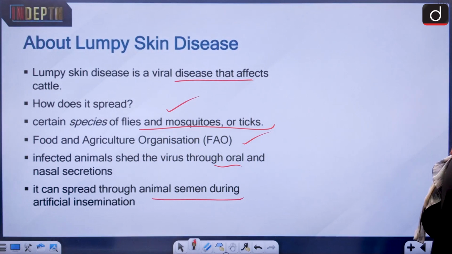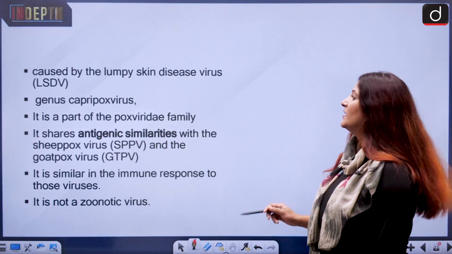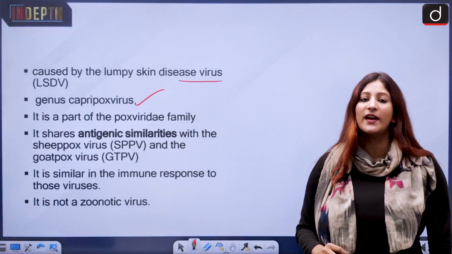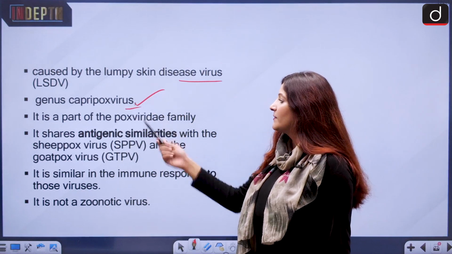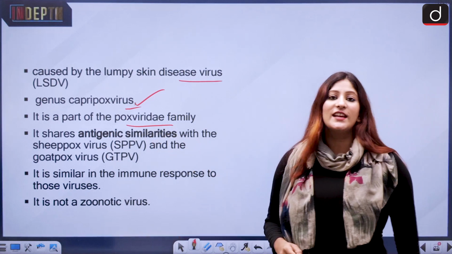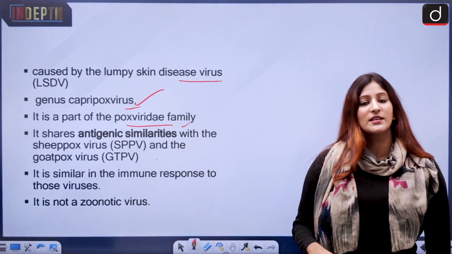Moving ahead, let us talk about the other very important details. Of course, it is caused by the lumpy skin disease virus. The genus of this virus is Capripoxvirus, and the family of this virus is Poxviridae. It shares antigenic similarities with sheeppox virus and goatpox virus. What does it mean?